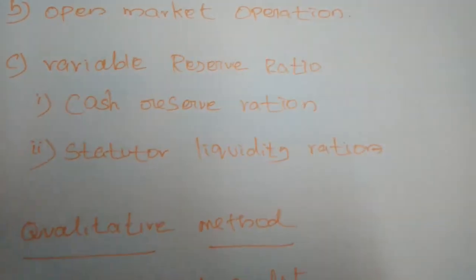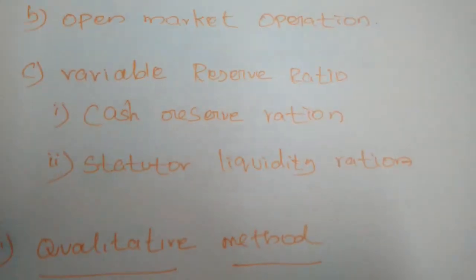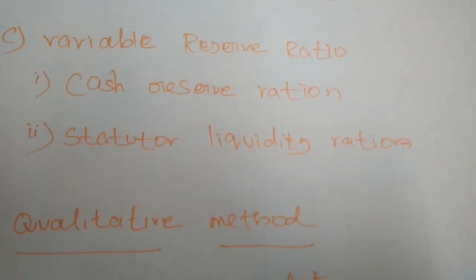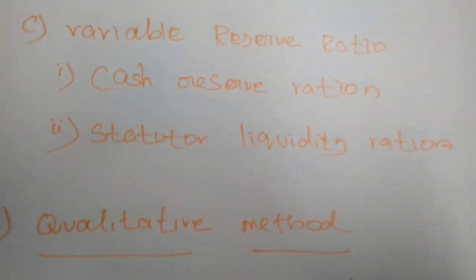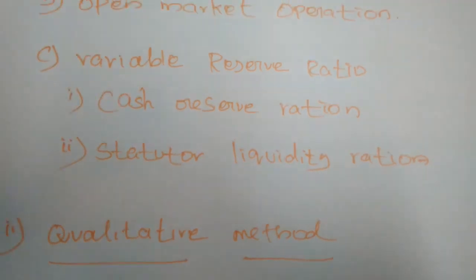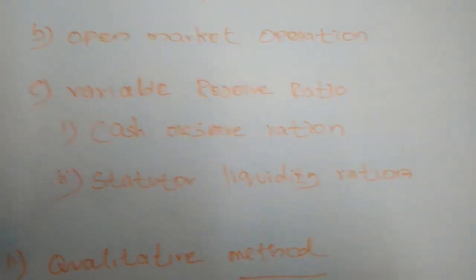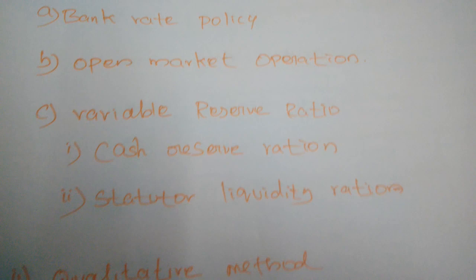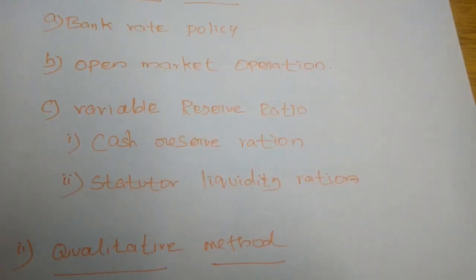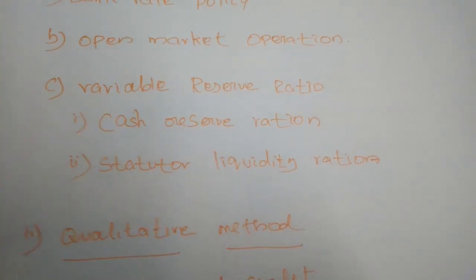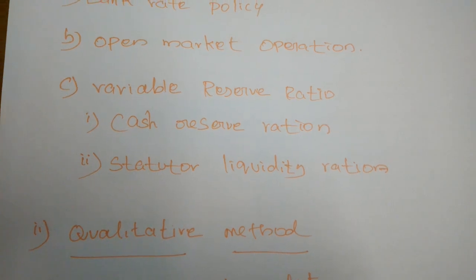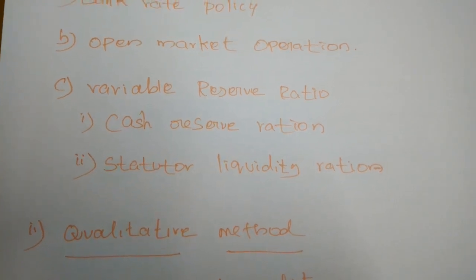Next, the statutory liquidity ratio. The statutory liquidity ratio is the amount which a bank has to maintain in the form of cash, gold, or approved securities. So normally all the commercial banks must have some amount of cash or gold or some valuable securities. The quantum is specified as some percentage of the total demand and time liabilities.